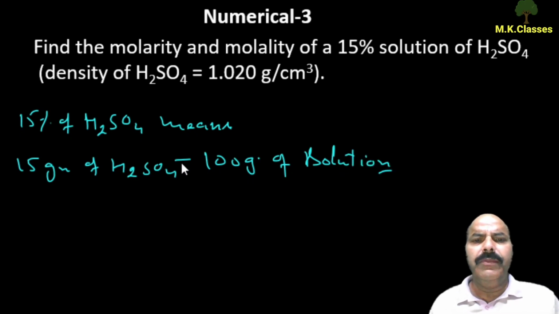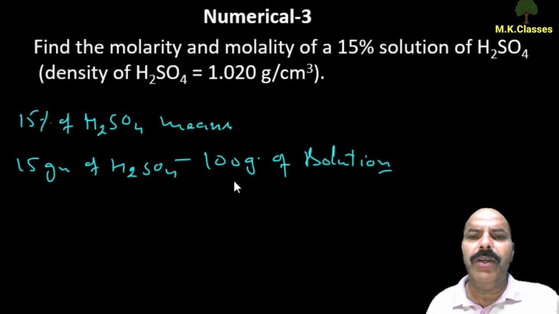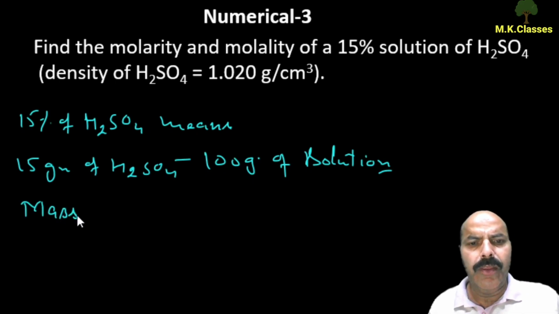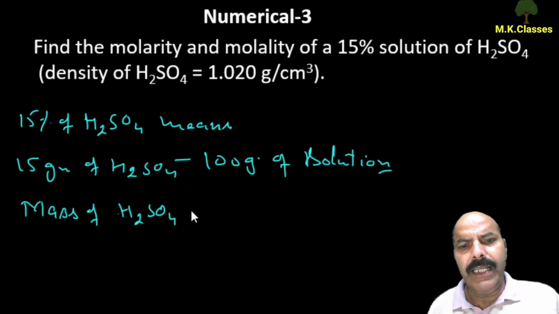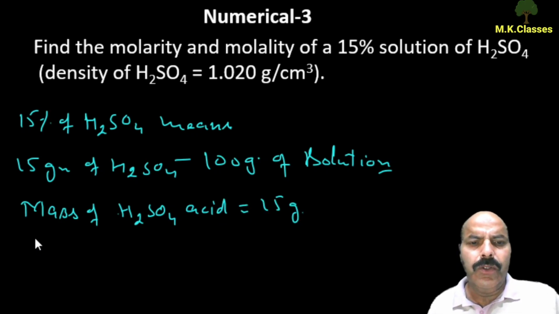So 15 gram sulfuric acid is present in 100 gram of the solution. So beta, here mass of the sulfuric acid is given to us, mass of sulfuric acid is equal to 15 gram beta. Clear? So we can find out the number of moles of sulfuric acid.